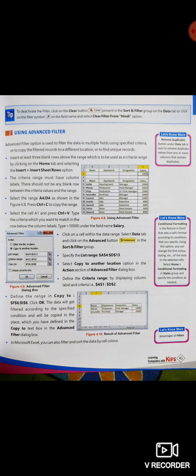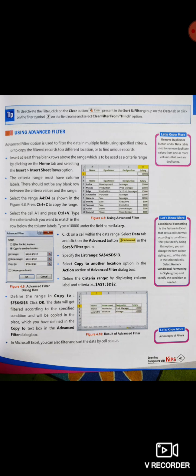For doing that, we have to insert at least 3 blank rows above the range which is to be used as the criteria range. You can see in the picture, figure number 4.8, you have to leave at least this type of 3 blank rows.